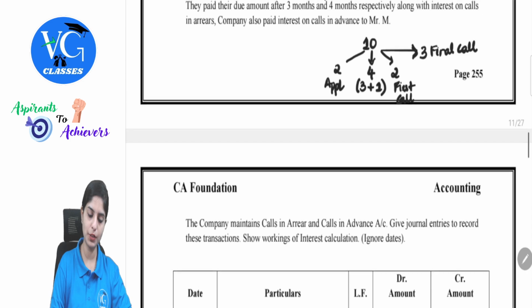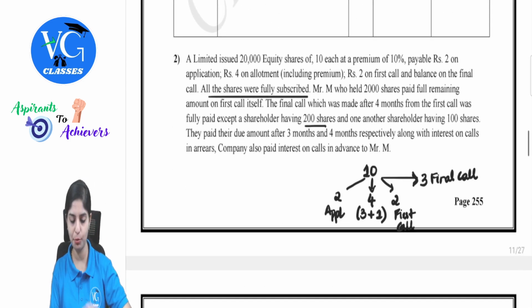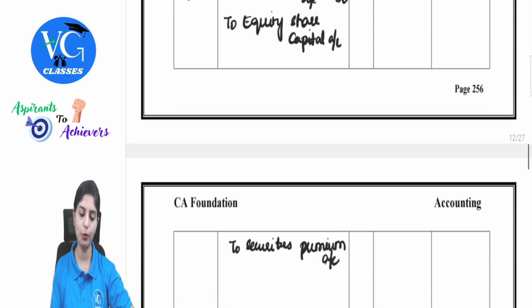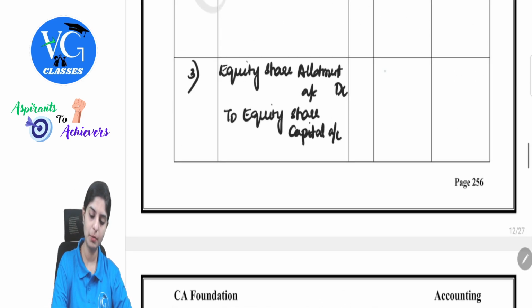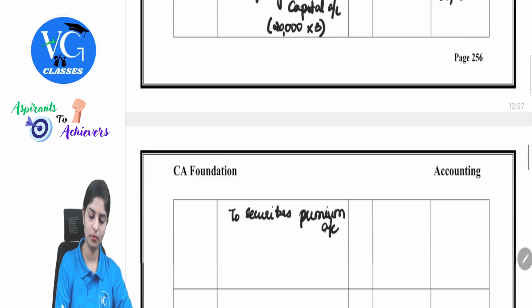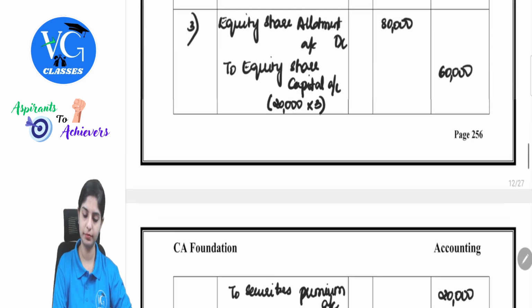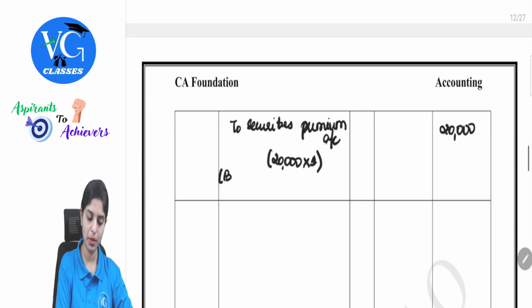So what is the number of shares here? 20,000. What is the premium amount? 1 rupee. So 20,000 into 4 first. That will be 80,000. 20,000 into 3, 60,000. And 20,000 into 1, 20,000. Being allotment money made due.